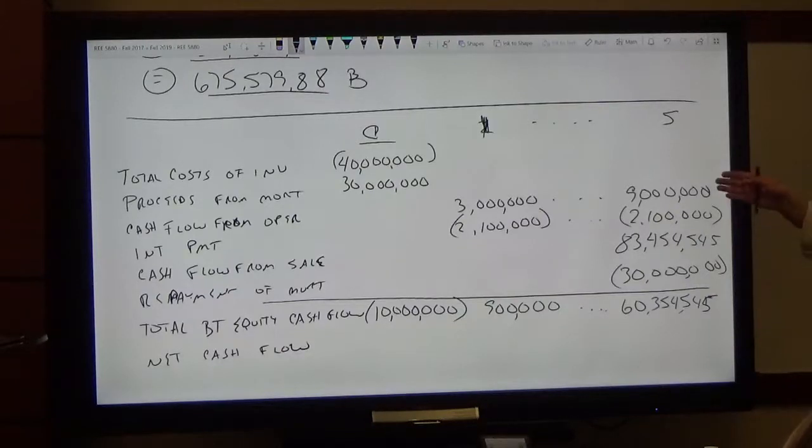Okay? So, you take this, plus this, minus that. That gives us $60 million as our total cash flow for year 5. Everybody cool? Yes, no?